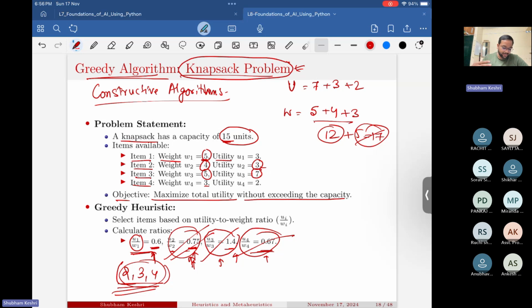And the word meta means upper level methodology. So the term metaheuristics, combined, means some general class of methods which can give you solutions. It doesn't guarantee any optimality or something like that.